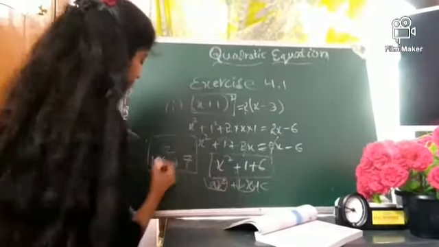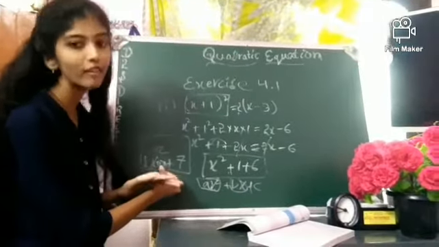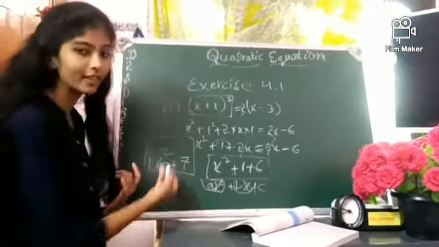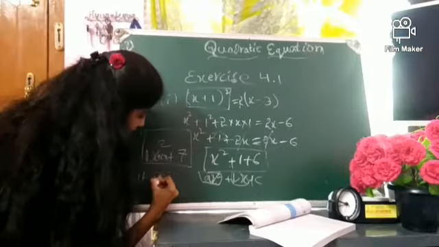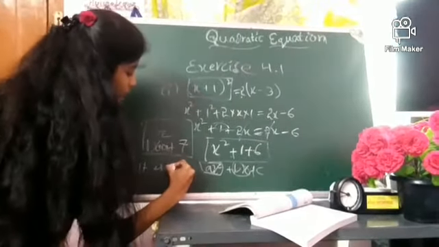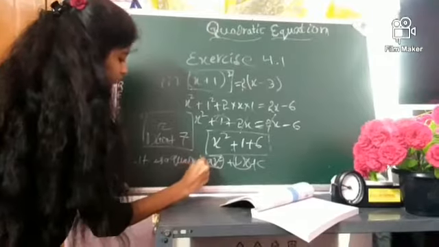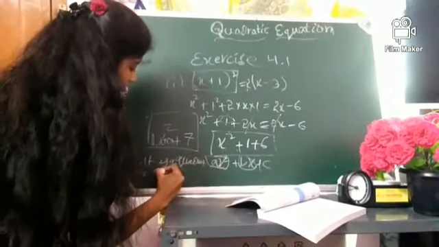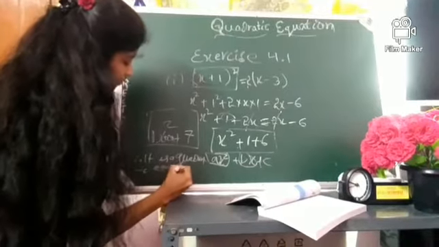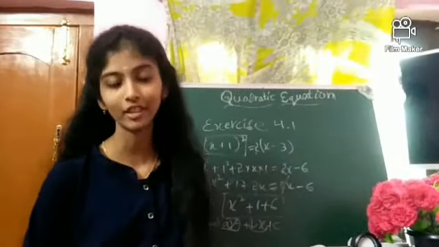Then bx: here I can also write 0x because 0 doesn't have a value. So x² + 0x + 7. Hence it is a quadratic equation.